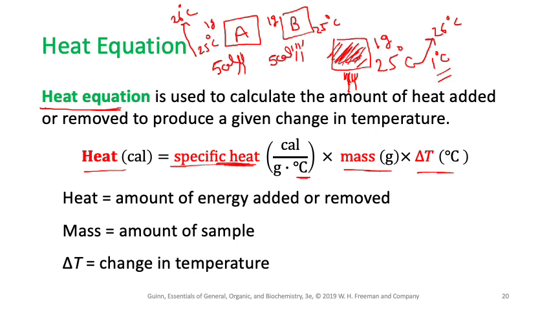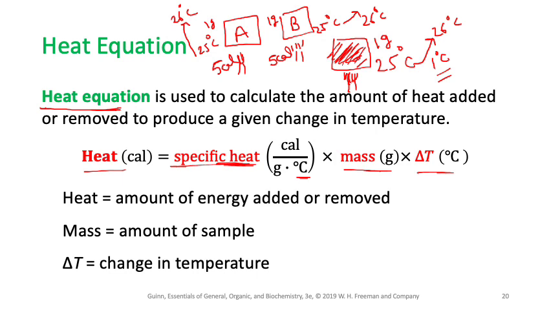But after several hours, let's say 1 hour or 30 minutes, more than the amount of time I provided for A, the temperature of B has still not increased by 1 degree Celsius. It is still at 25. Let's say after an hour, the temperature goes from 25 to 26 degrees Celsius. That means the specific heat of B is higher compared to the specific heat of A, because by the definition, specific heat is how much energy you require to change the temperature of 1 gram of substance by 1 degree Celsius.